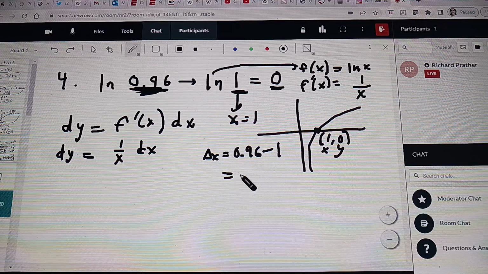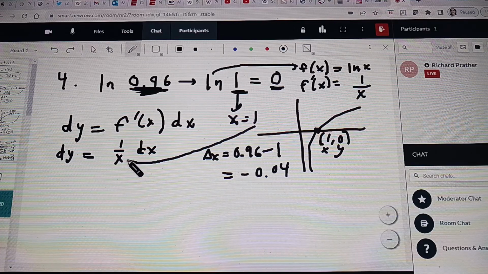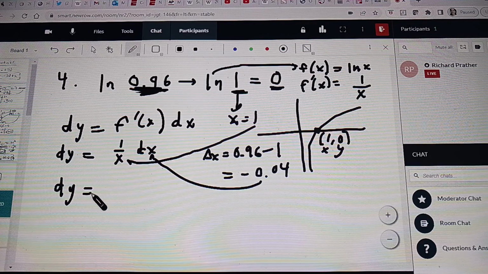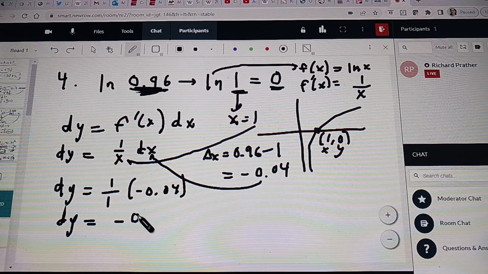So I'm changing x by negative 0.04. There's a negative 0.04 difference between what I actually started with and where I'm at now. So we're going to plug 1 in right there, and we're going to plug this in right here. So dy equals 1 over 1 times negative 0.04, which, the ones are convenient, makes that negative 0.04.